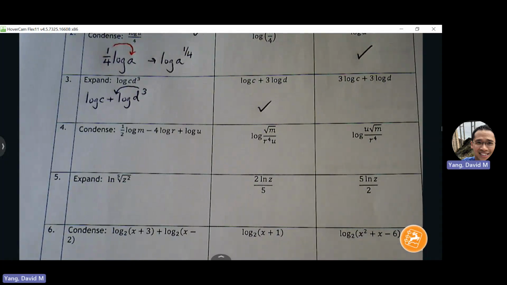Okay, condense: take care of the coefficients first, and then we can put them into their right spots.